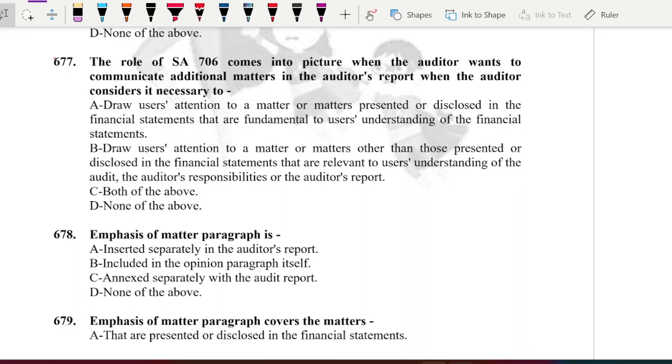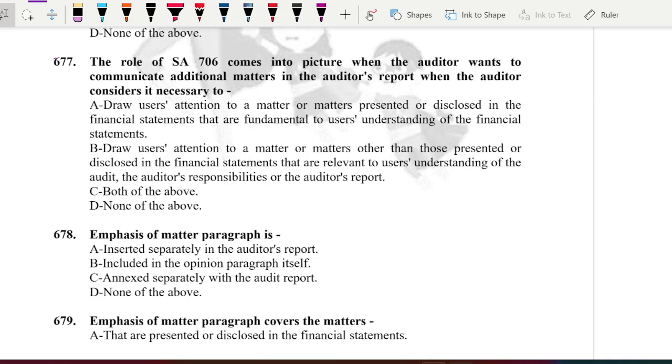Option A, draw users' attention to a matter or matters presented or disclosed in the financial statements that are fundamental to users' understanding of the financial statements. So alternative A is saying that the auditor would communicate additional matters under SA 706 to draw users' attention, or to increase the communicative value, with respect to matters related to financial statements.